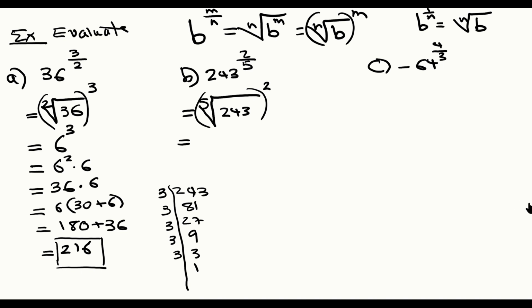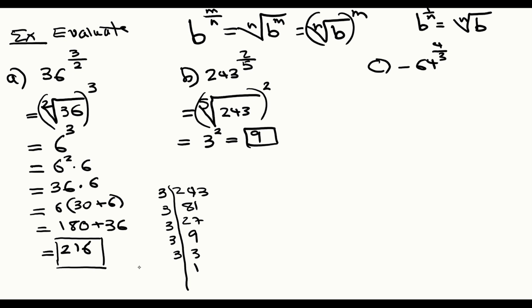So we notice that 243 is indeed, and this is the nice thing about this prime factorization written in this way, everything you see here is going to be all the factors of 243. So we can see it's 3 to the power of 1, 2, 3, 4, 5. So what number do we have to raise to the 5th power to get to 243? Indeed, it's going to be 3. So we know that this is going to be 3, and then we're going to square that to get 9. And there we have our answer in a very nice, simple, efficient manner.